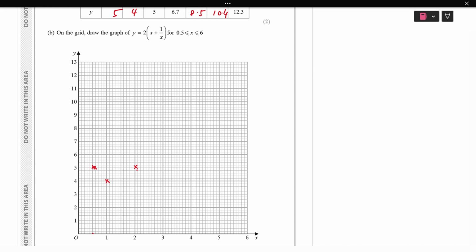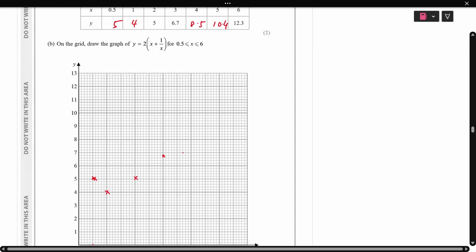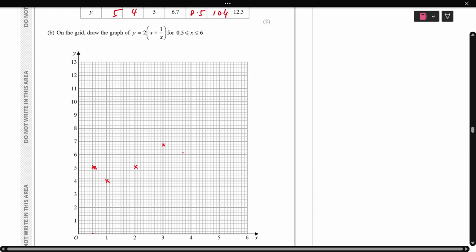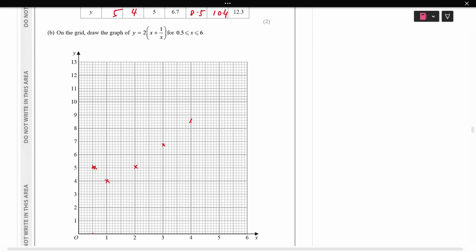The next point 3 and 6.7, approximately here. Next is 4 and 8.5. 4 and 8.5 is here.